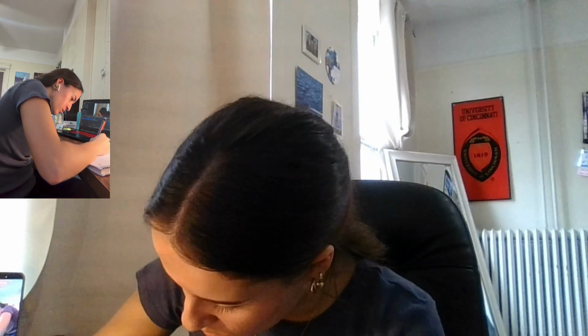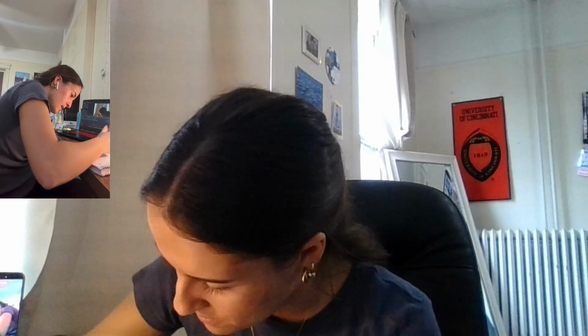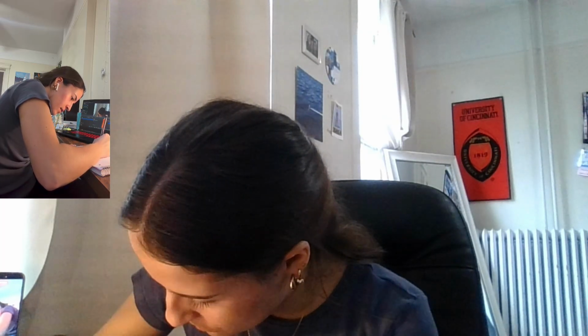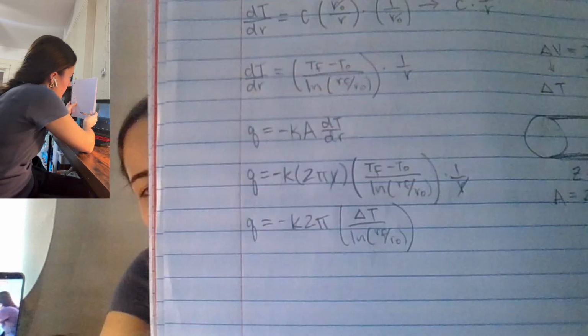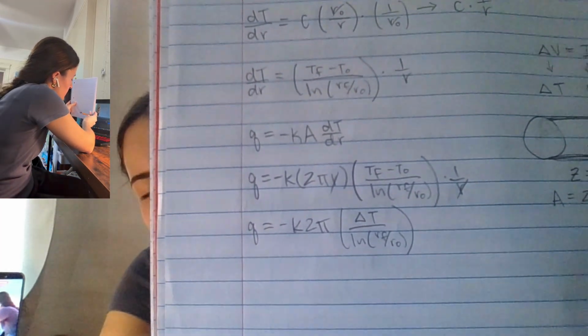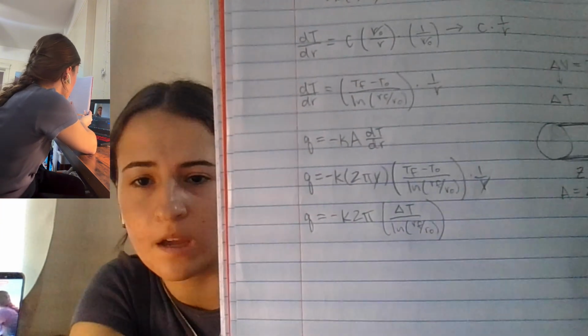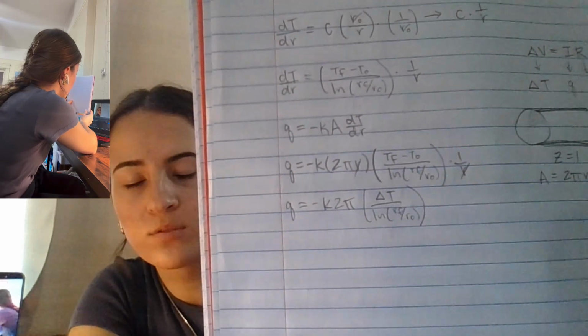So now we have Q equals negative k 2 pi delta T over natural log rf over r naught. So this is our simplified version. We changed the Tf minus T naught into delta T just to get it in that similar format that we can recognize, and then canceled out those r's.